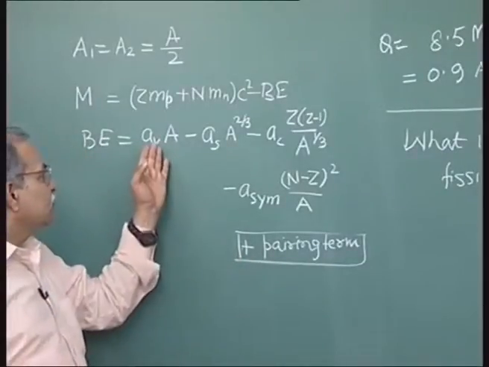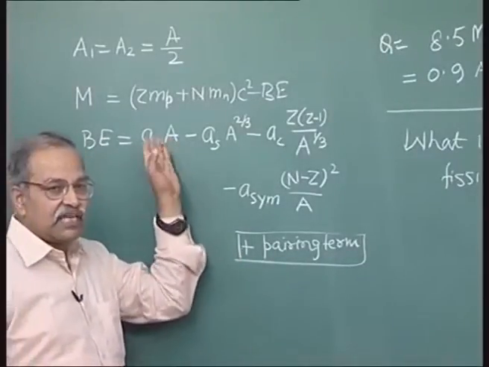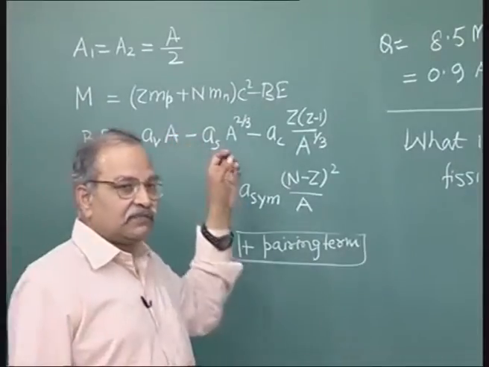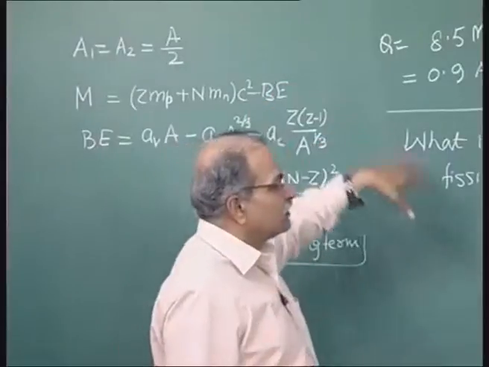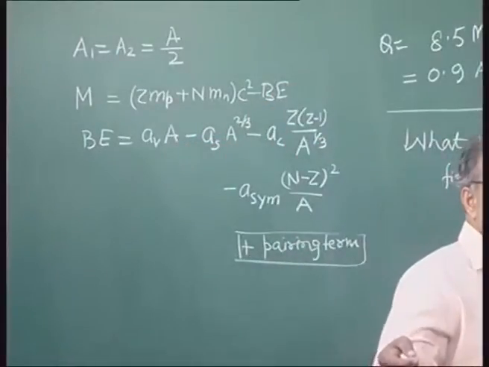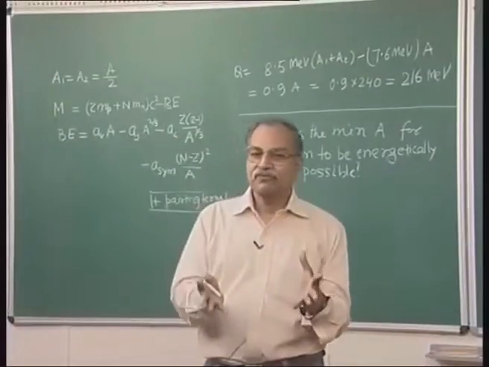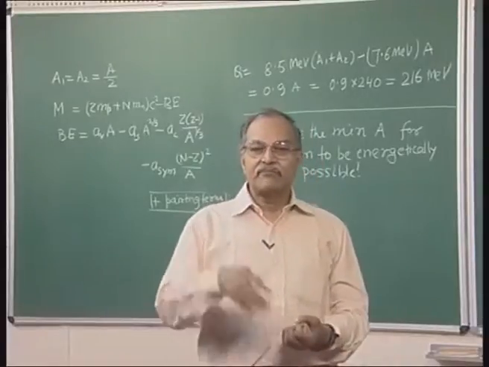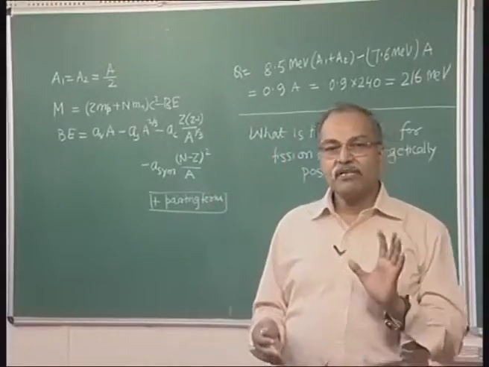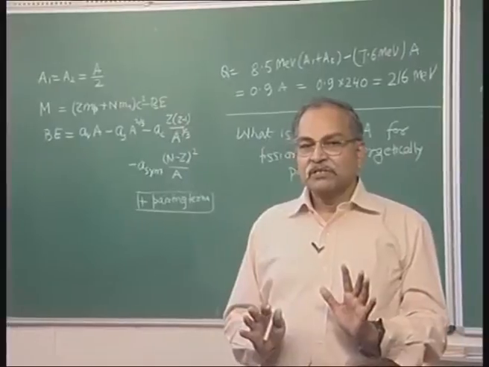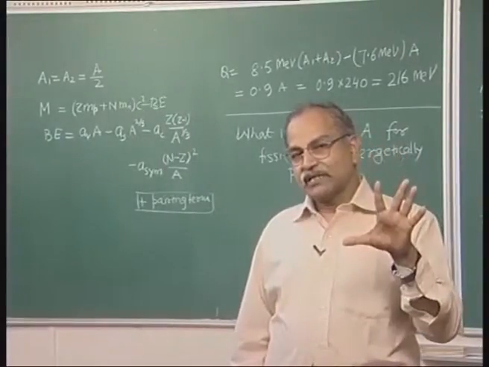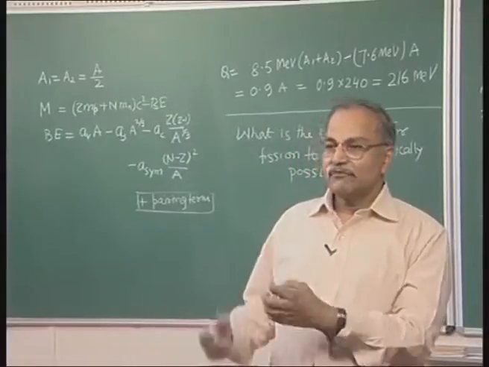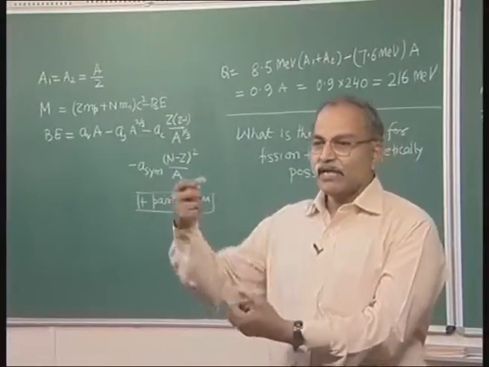In other terms, this volume term is a_v times the number of nucleons. The fission is a splitting, but the total number of nucleons remains the same. So, a_v times capital A will remain the same. Before the event, it is a_v times capital A, and after the event you have two nuclei, A by 2 and A by 2.